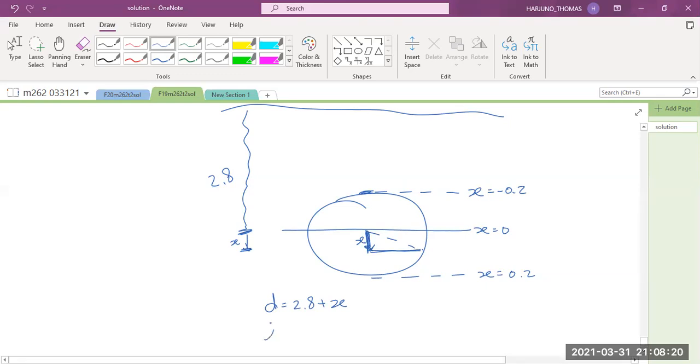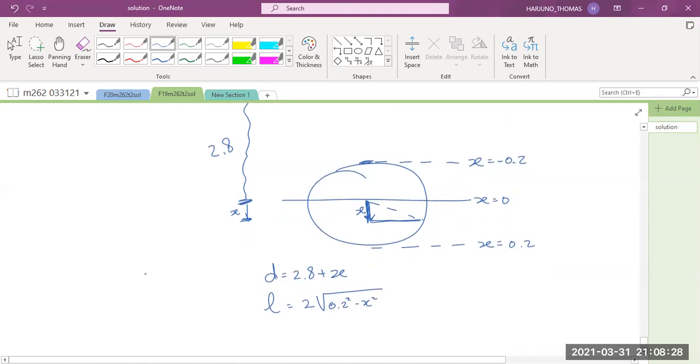The length will still be the same: 2 times square root of 0.2 squared minus x squared. So your setup later on will be the hydrostatic force equals rho g integral from negative 0.2 to 0.2 of the depth 2.8 plus x times 2 square root of 0.2 squared minus x squared dx.